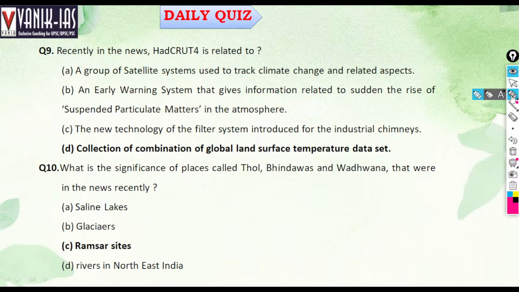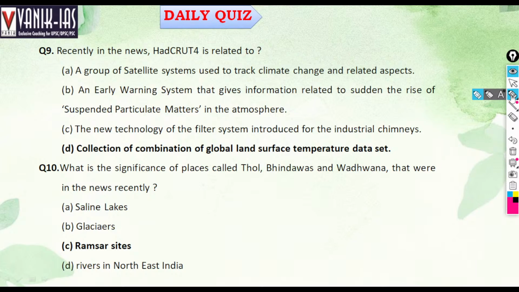Then recently in the news, HadCRUT4. HadCRUT4 is related to what? A group of satellite systems used to track climate change and related aspects. An early warning system that gives information related to sudden rise of suspended particulate matter in the atmosphere. A new filter technology introduced for industrial chimneys.